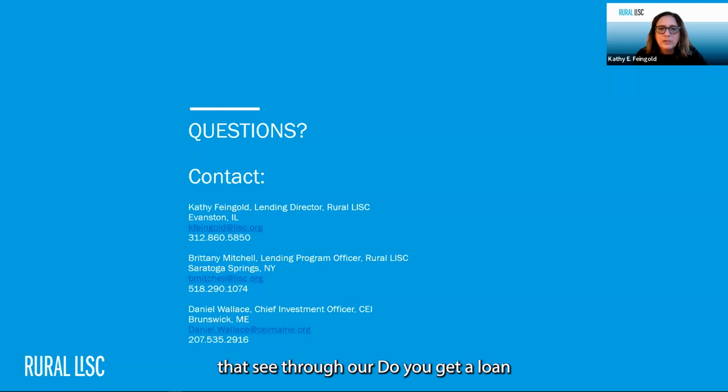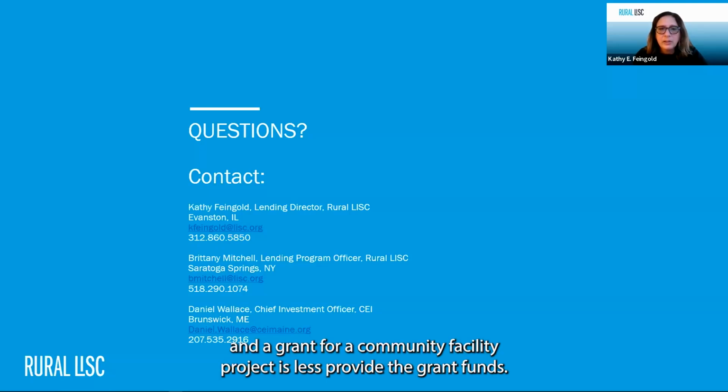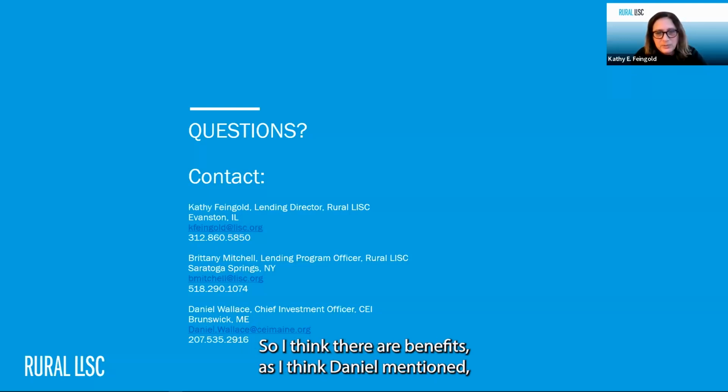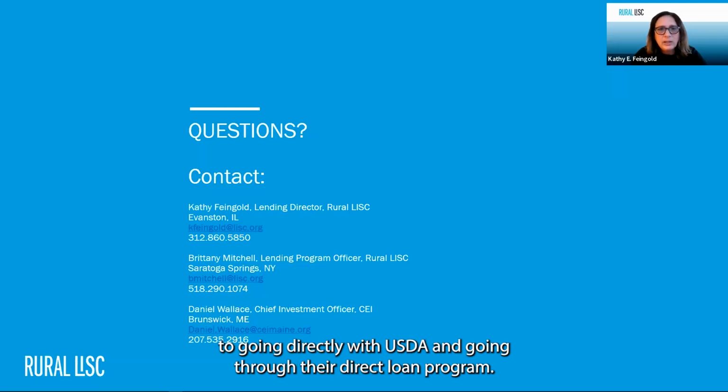Let's see, through RD, you get a loan and a grant for a community facility project. Does LISC provide the grant funds? Unfortunately, the community facilities relending program is really just a loan program. So I think there are benefits, as I think Daniel mentioned, to going directly with USDA and going through their direct loan program.